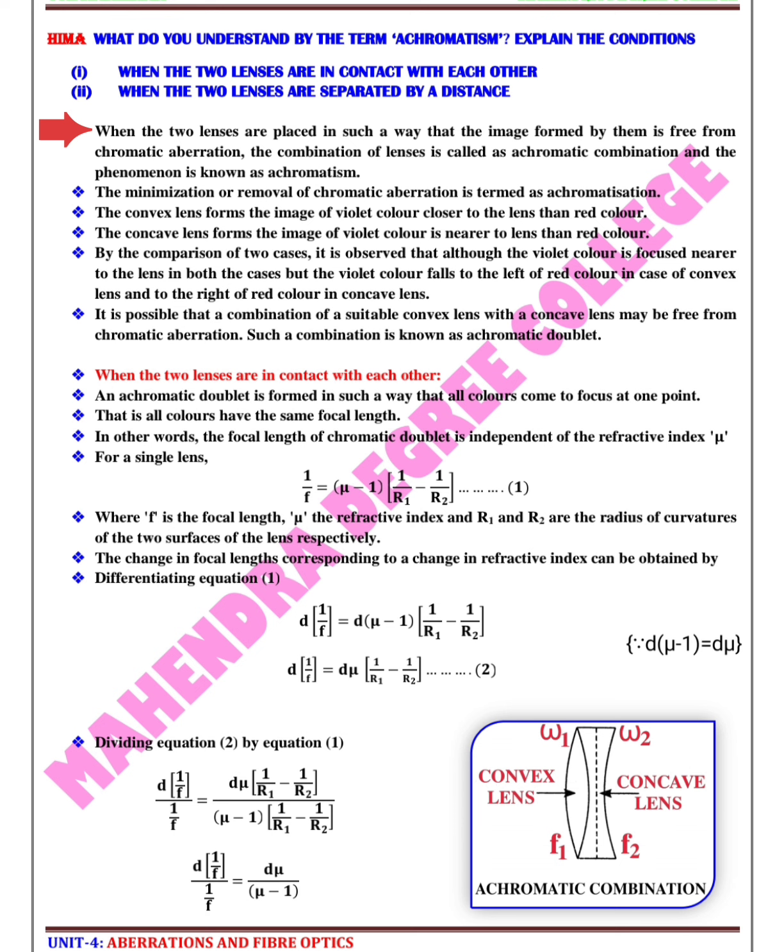These lenses are made of different types of glass with different dispersive powers. The lenses are arranged so that the color spreading, meaning dispersion, caused by one lens is cancelled out by the other. As a result, all colors focus at the same point.